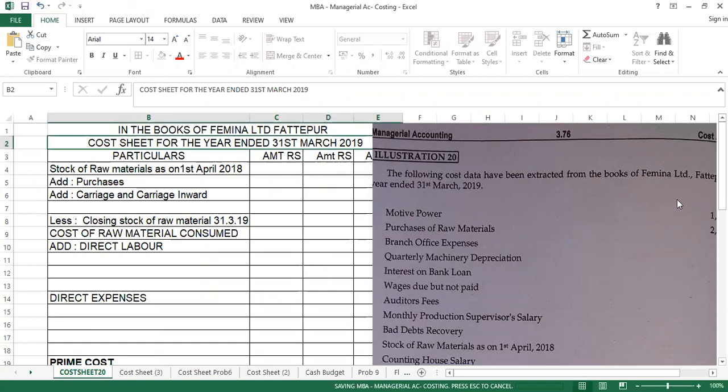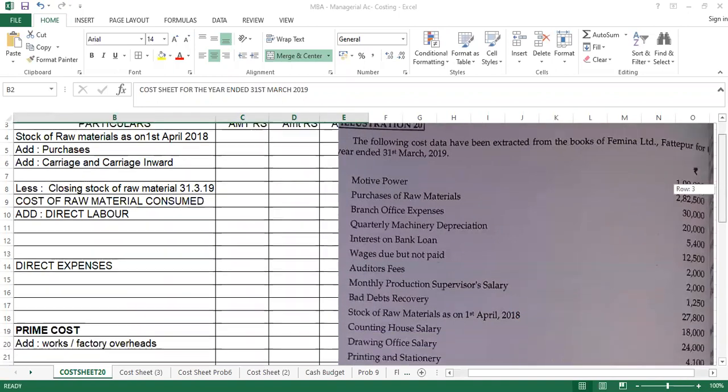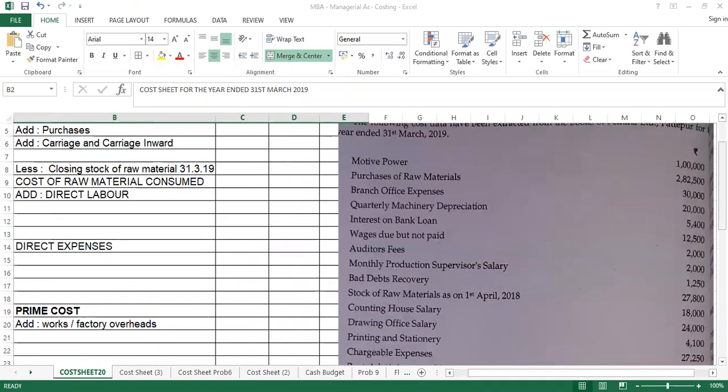What is the first item? Motive power. Motive power is the power consumption you have done in the factory for the purpose of running machines and operating the machines. There are two types of power consumption, one in the office and one in the factory. Specifically, motive power is power that you consume for operating or running the machine.